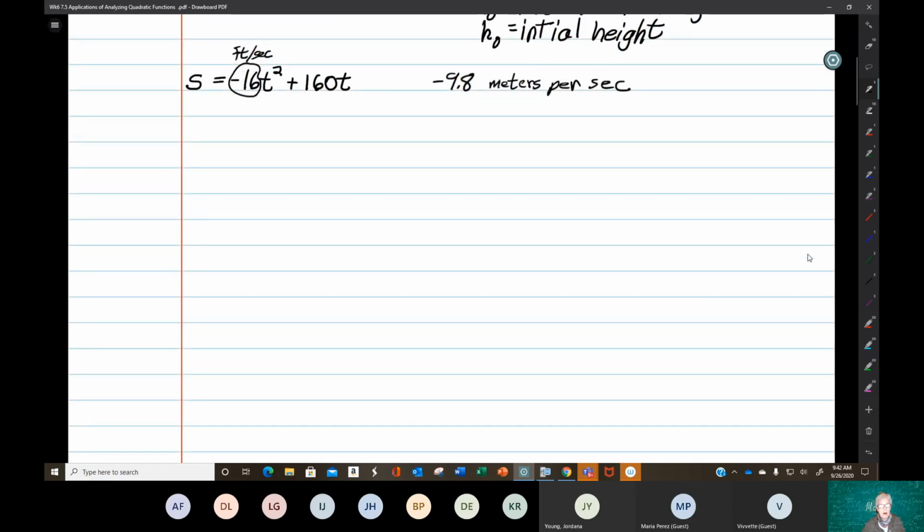So, here we go. The vertex is a maximum point.